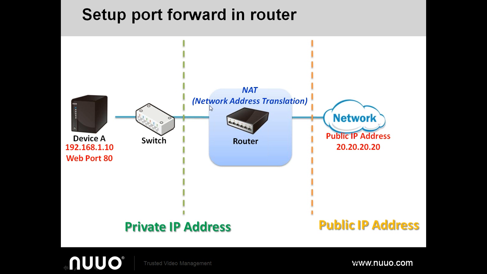For example, a computer with the internal address 192.168.1.10 wants to communicate with a web server somewhere on the Internet. NAT will translate the address 192.168.1.10 to the company's public IP address.